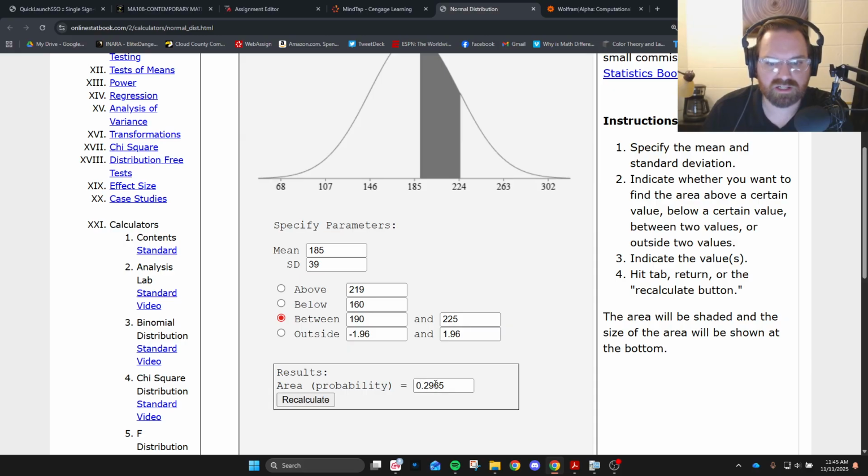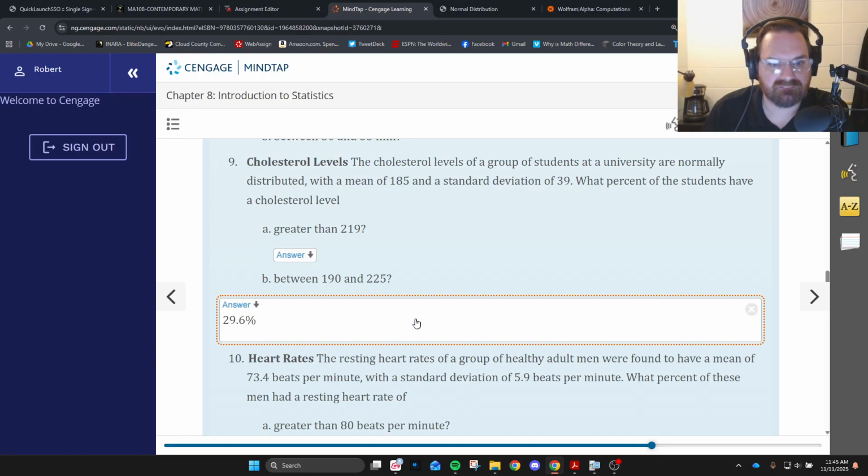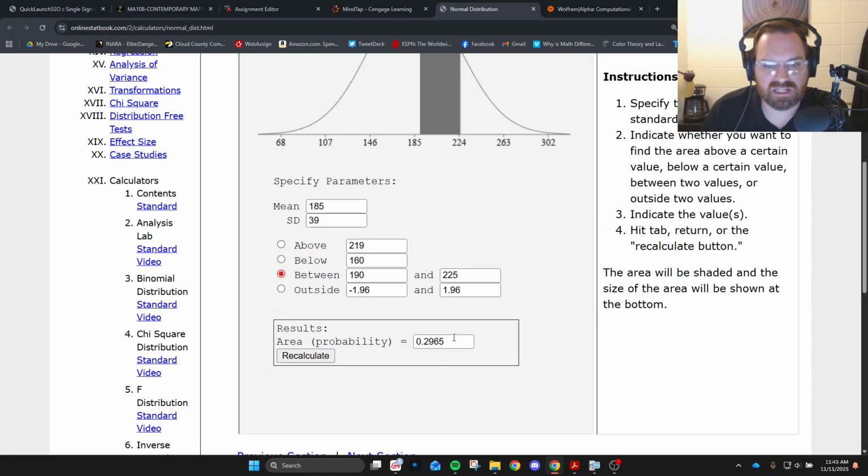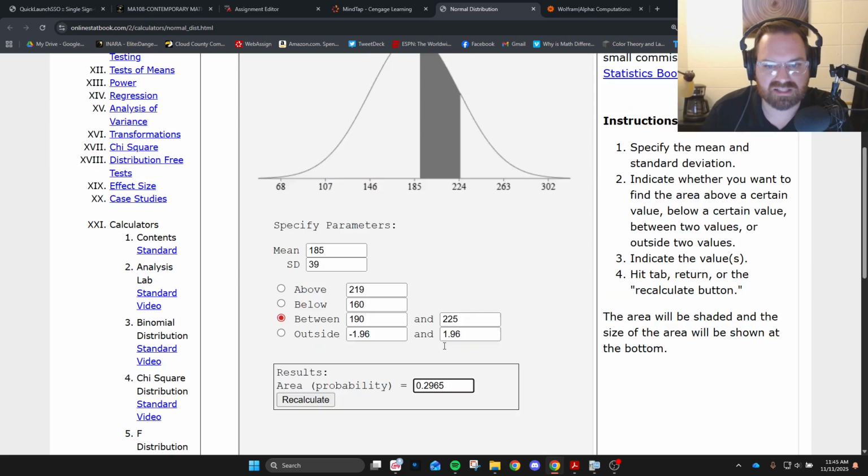Since the prior question gave us three significant digits, so one extra decimal point, I will make this 29.7, okay? Just play with it. In this instance, this is correct.